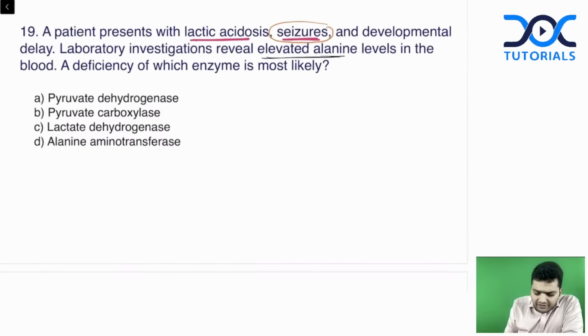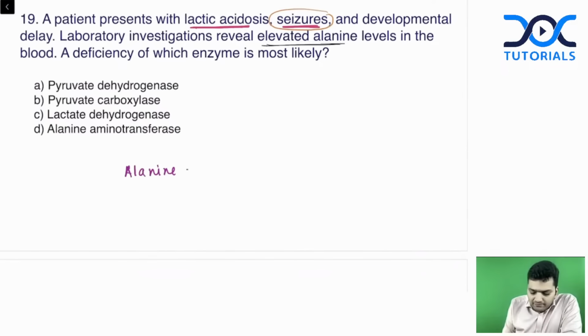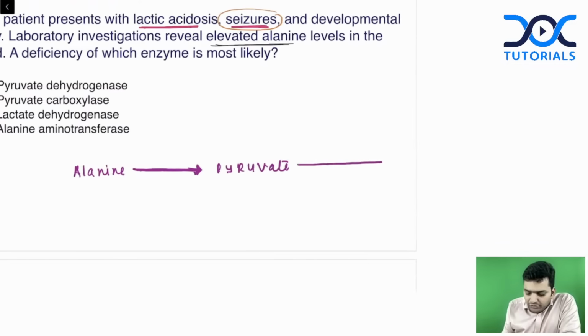Now, how are all these related? Let's understand it here. When it comes to alanine, alanine is the most glucogenic amino acid. I think that out of all 20 questions, this was the most tricky question. If I want to make glucose from alanine, alanine first converts into pyruvate, and then this pyruvate can convert into glucose.